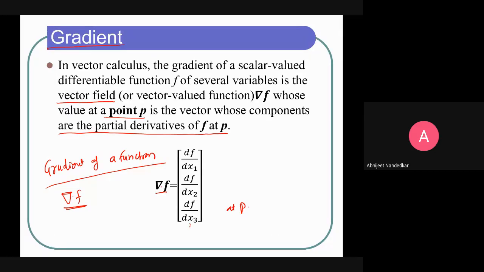So this will continue depending on the dimension. If there are n dimensions, then this will be dou f by dou xn. Okay.